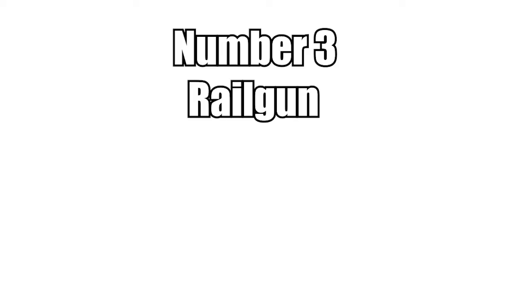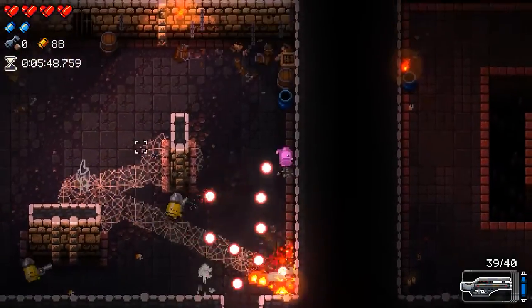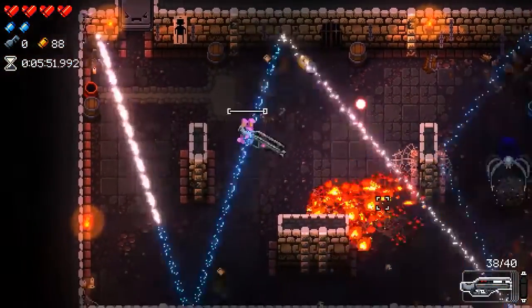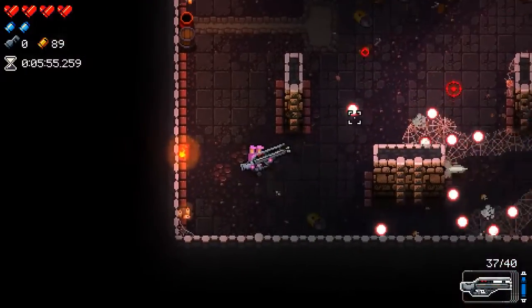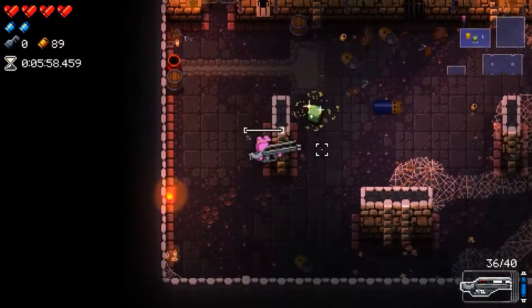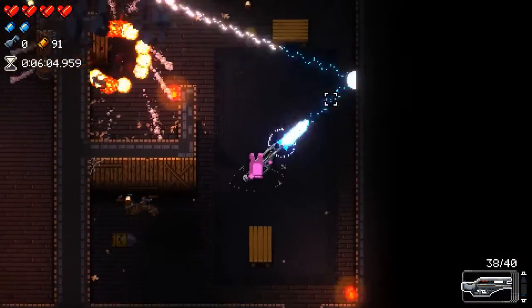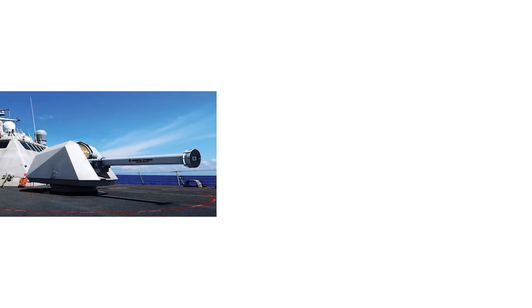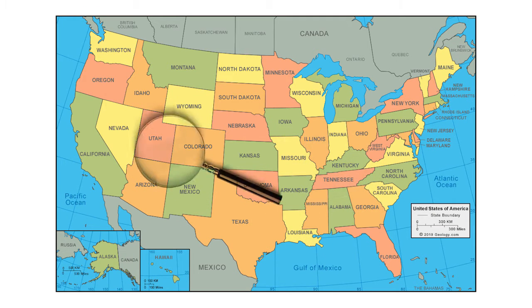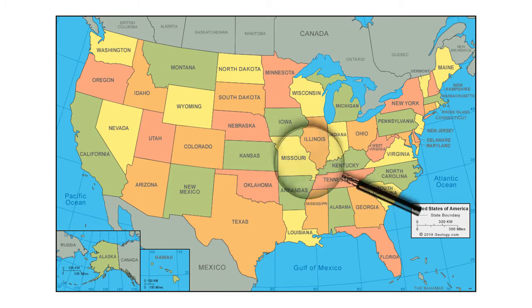Number 3. Railgun. The railgun, not to be confused with the railway gun, is capable of shooting projectiles at very high speeds using electromagnetic forces. Because of this, a majority of the weapons on this list could be fired by a railgun, provided we steal technology from the United States.